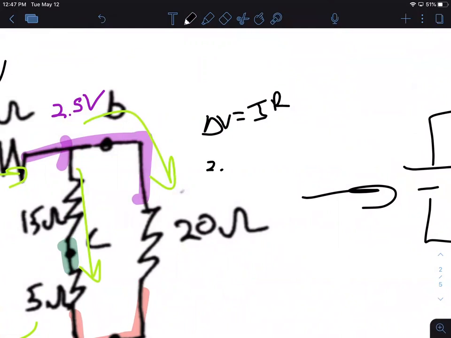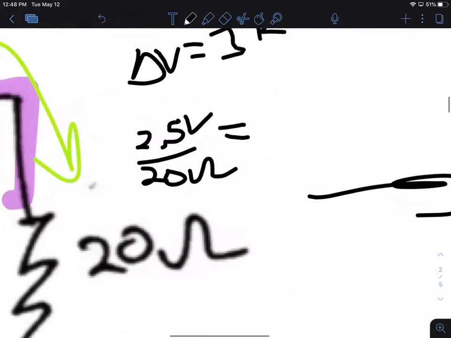We've got 2.5 volts, because that's the change, 2.5 to 0, over 20 ohms. 2.5 over 20 is not a very pretty current. 0.125 amps.